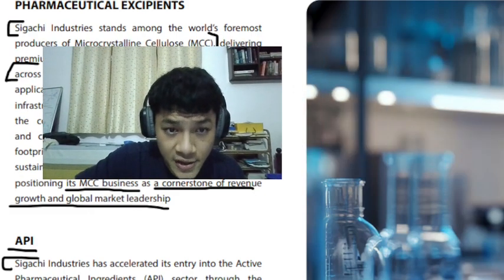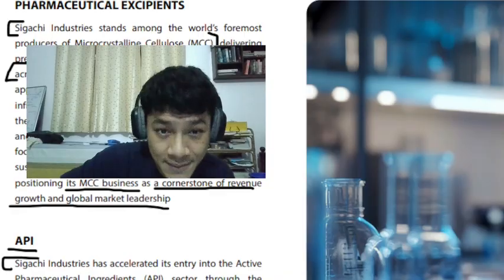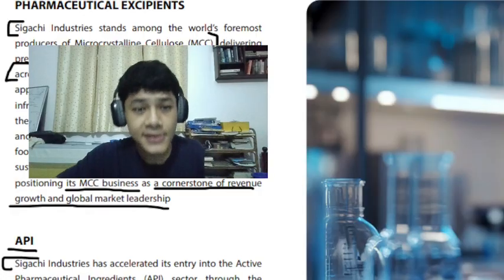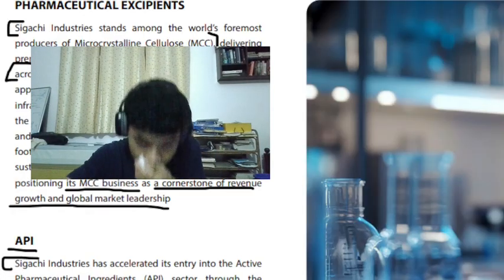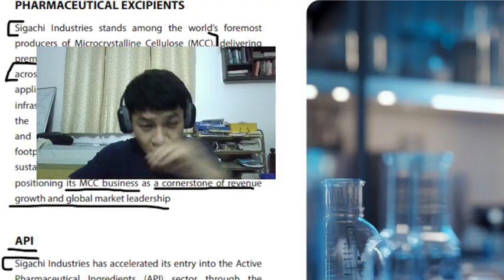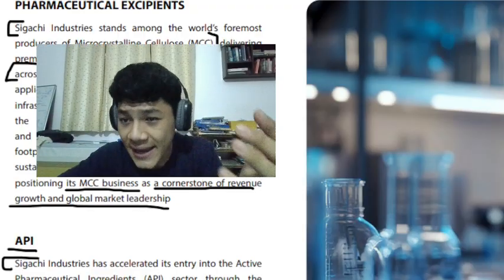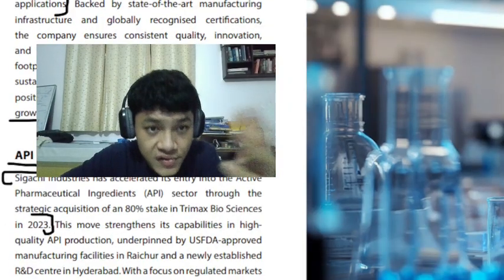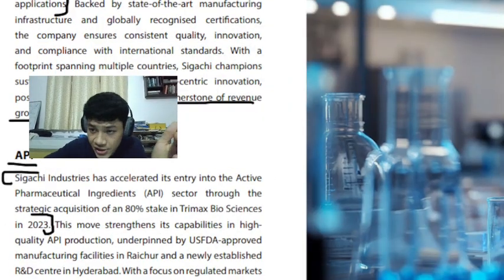Then here it's written, its MCC business is a cornerstone of revenue growth and global market leadership. So, cornerstone for its revenue growth, MCC, again 85% of revenue. Then APIs, we covered active pharmaceutical ingredient.